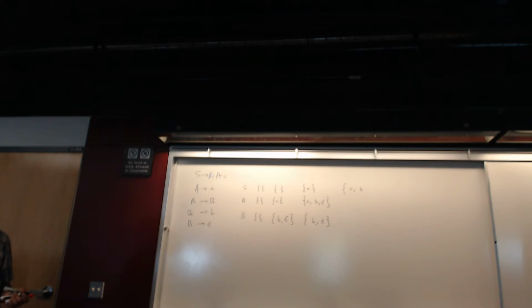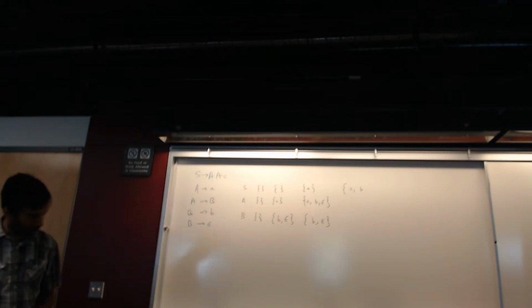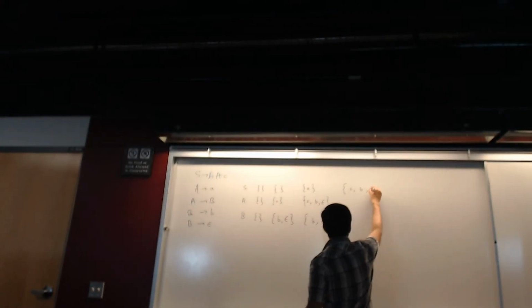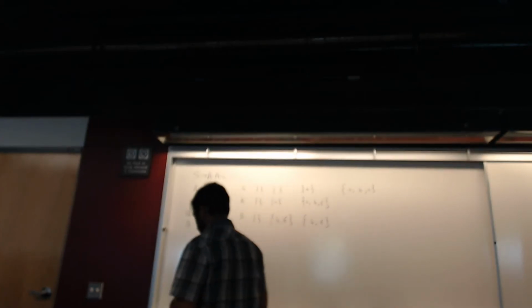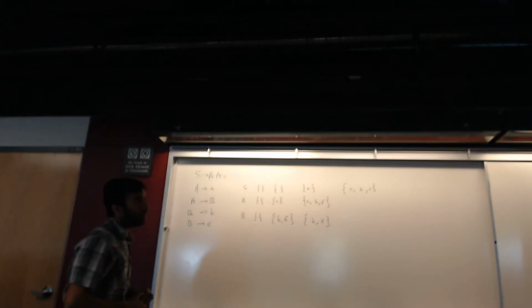So what you do? You do A i plus 1. You add the first of A i plus 1 minus epsilon to S. So what is A i plus 1? C. What is first of C? C. So you add C to S. Right? You add C to S. Okay, does rule 5 apply?